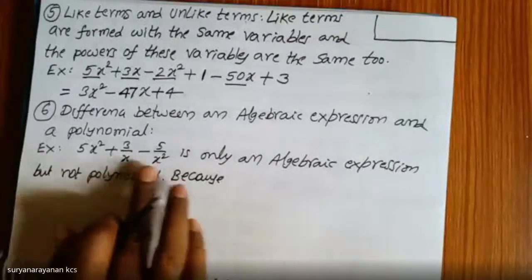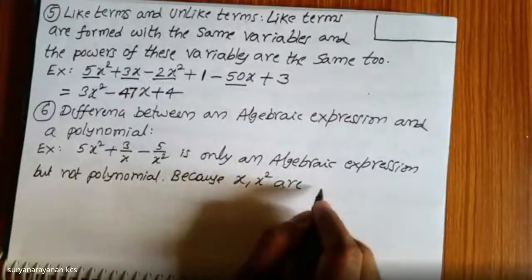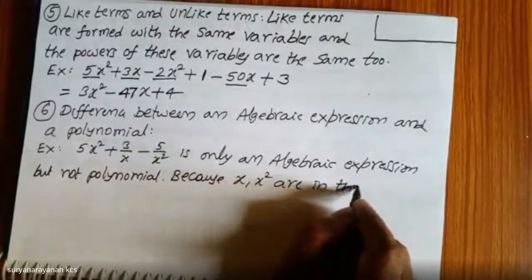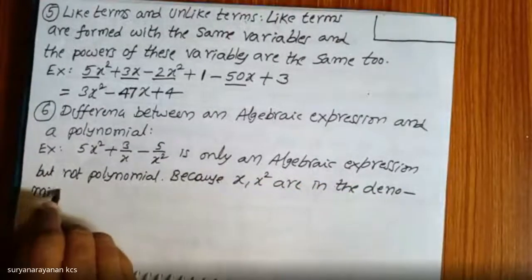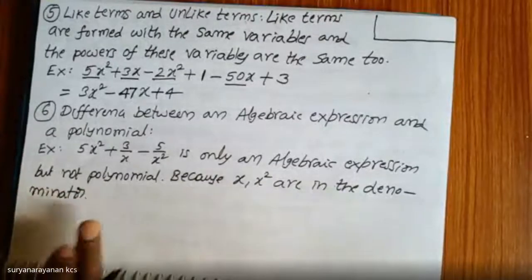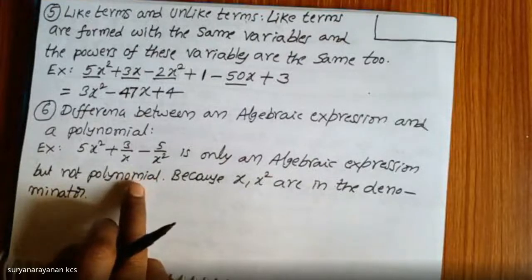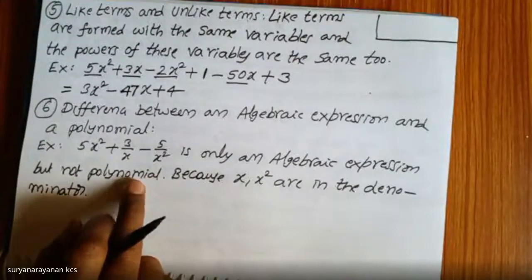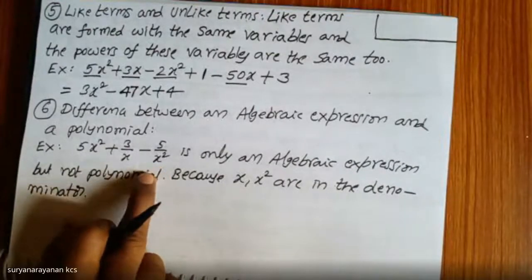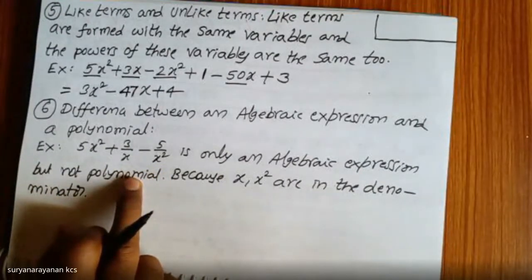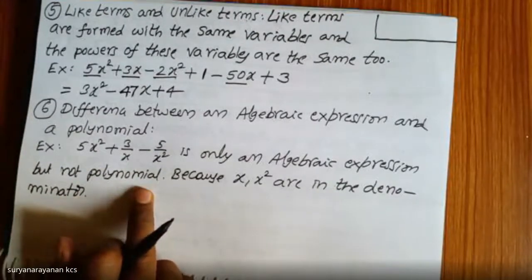Because x square is in the denominator, variables should not be written in the denominator. If you write variables in the denominator, that is not said to be a polynomial. A polynomial is also a mathematical sentence.